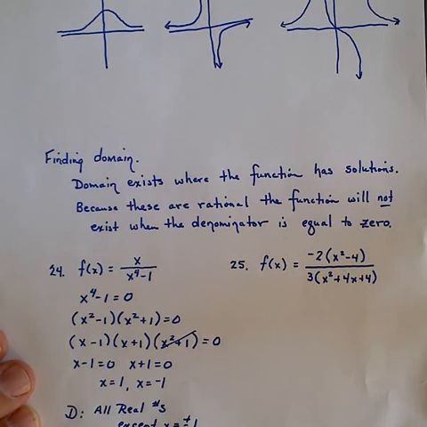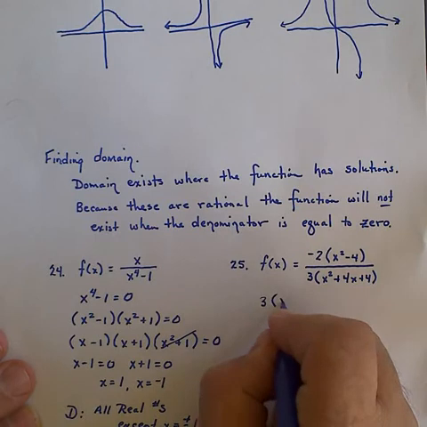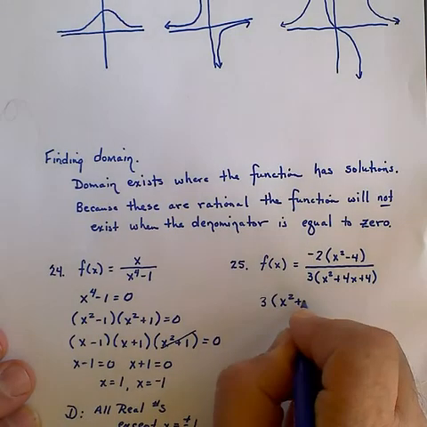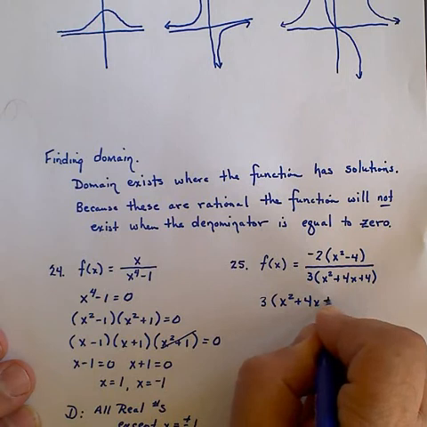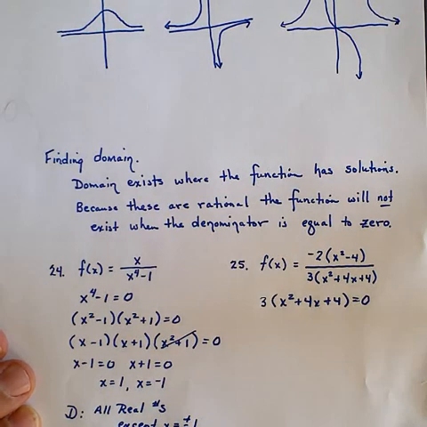On number 25, again, start by taking the denominator and setting it equal to 0. In this example, the 3 out in front can just be dropped, because 3 will never equal 0, so I don't need to consider that.